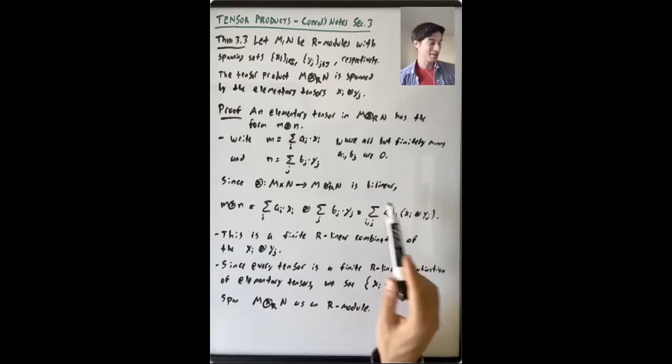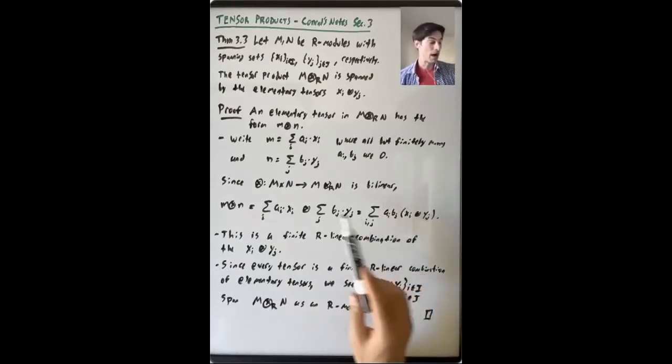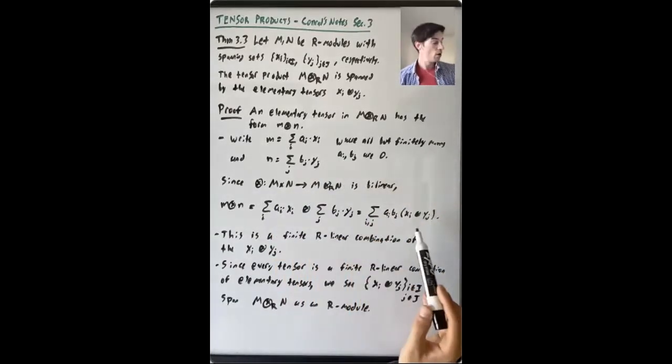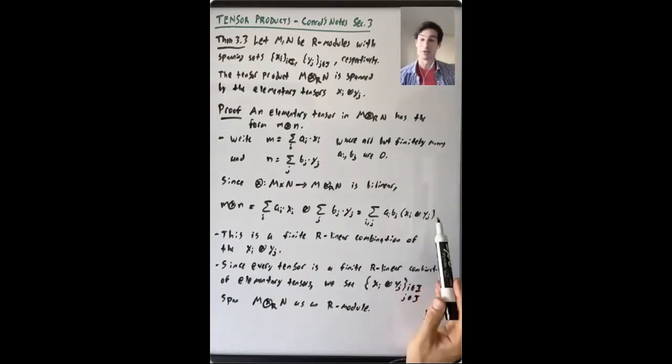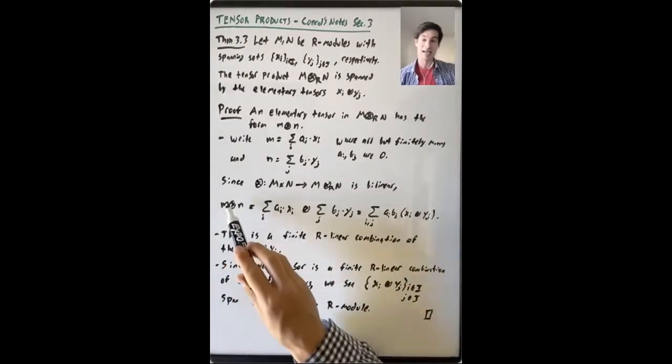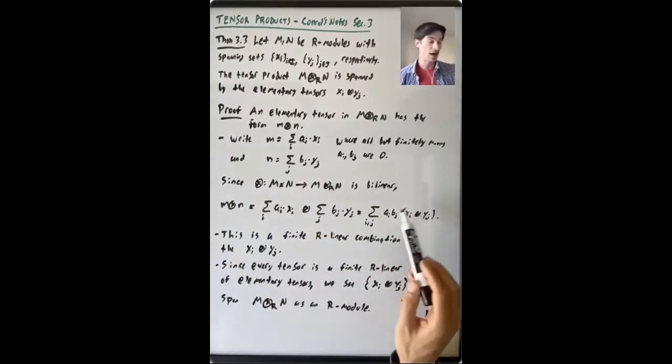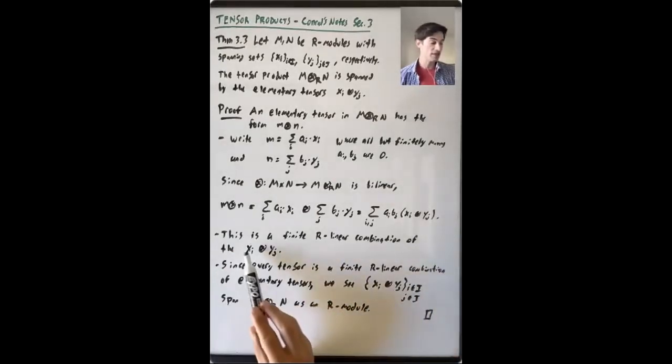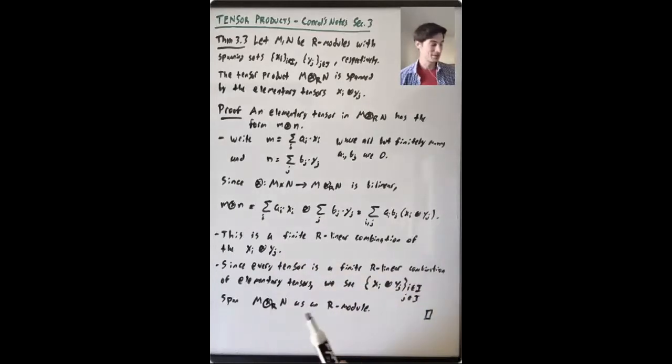So what is this? This is a finite R linear combination of these x_i tensor y_j's. So you can think about this as following from the bilinearity of this tensor product map, or just from the basic properties of tensors that we saw when we were talking about the construction of the tensor product as a quotient of this big free module by this submodule D. So now we've seen that any elementary tensor is a finite R linear combination of these simple elementary tensors x_i tensor y_j.